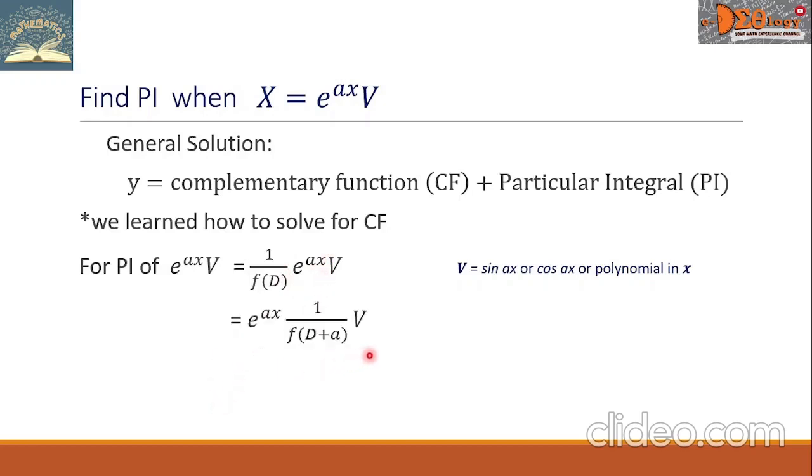Then we evaluate the denominator, f of D, as f of capital D plus a. The a value here is the coefficient of x in the exponent of e. Then we copy the capital V function. After that, we evaluate 1 over f of D plus a with respect to the function capital V. This is now our formula.